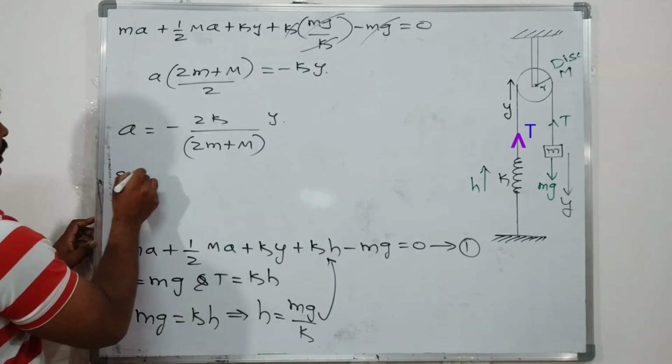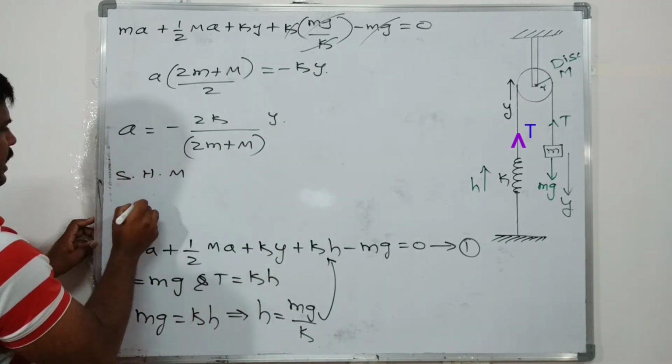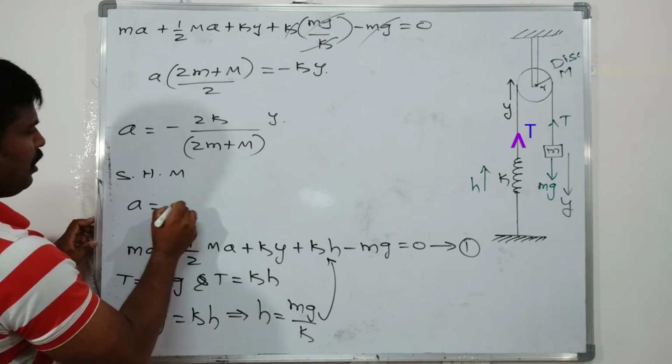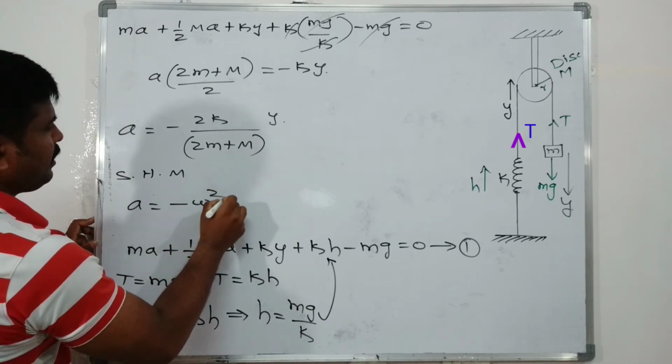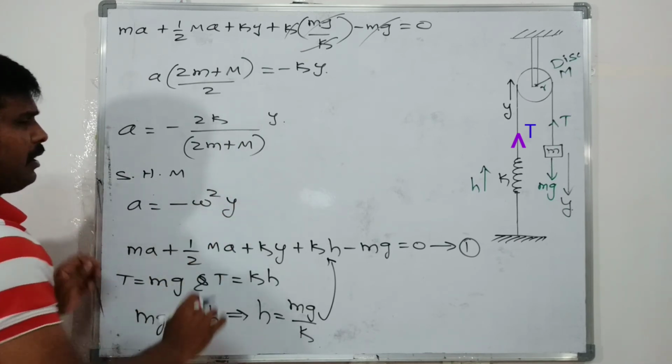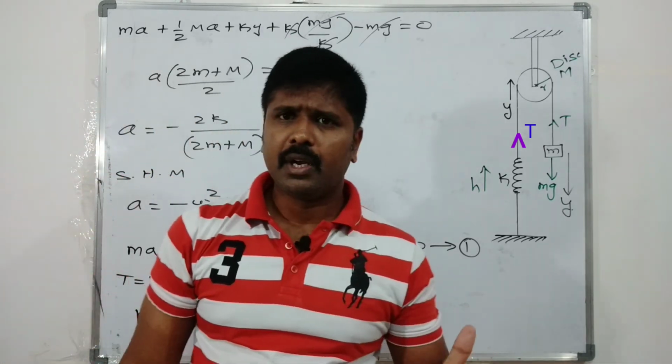From simple harmonic motion, a is equal to minus omega square into y. So here we are using the energy relation.